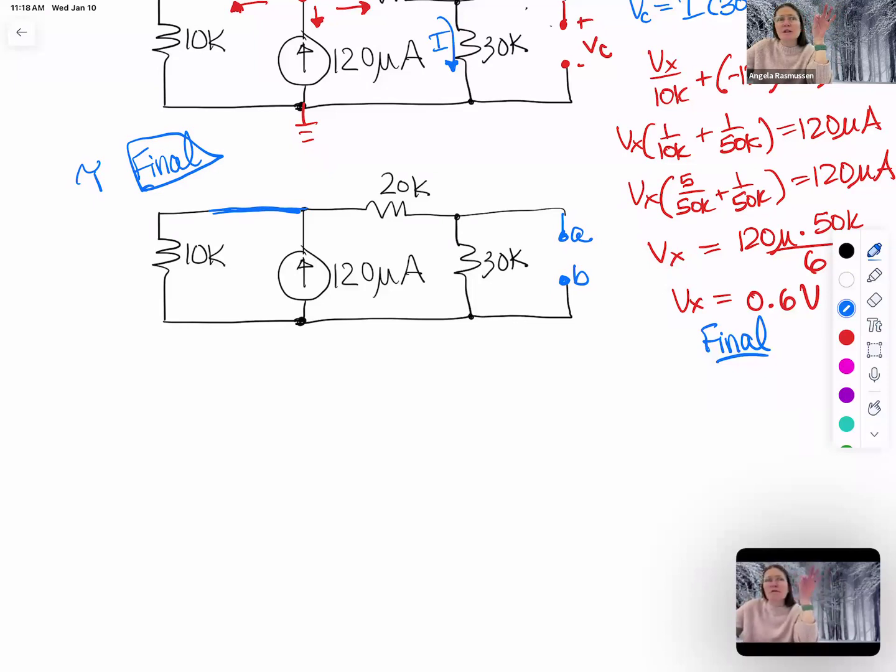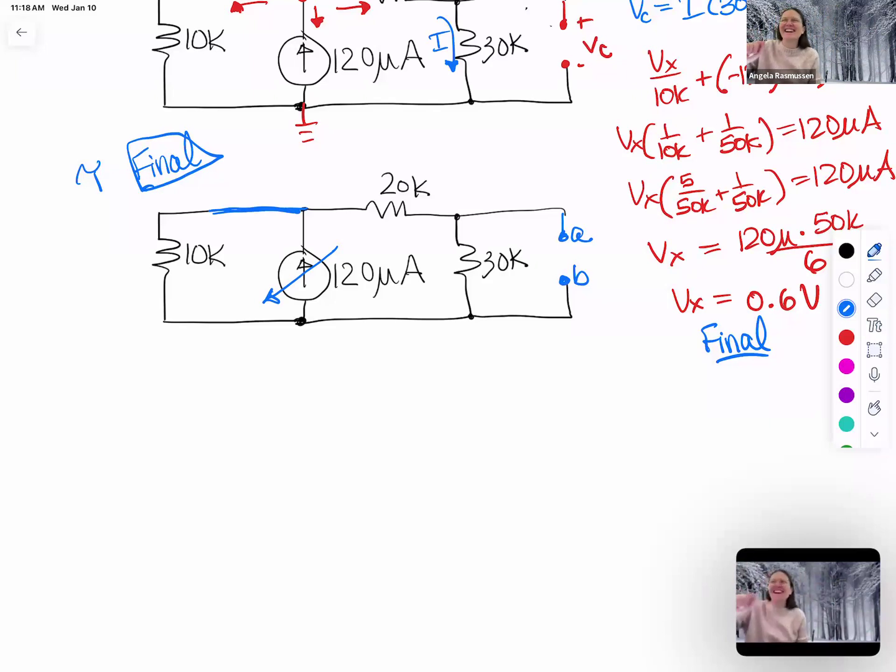Remember, for a Thevenin, any independent sources, you set them to 0. So if you set a current source to 0, what happens to it? A wire. No, I think it is a short. That's a short. Oh, wait, no, I'm confusing open and short.